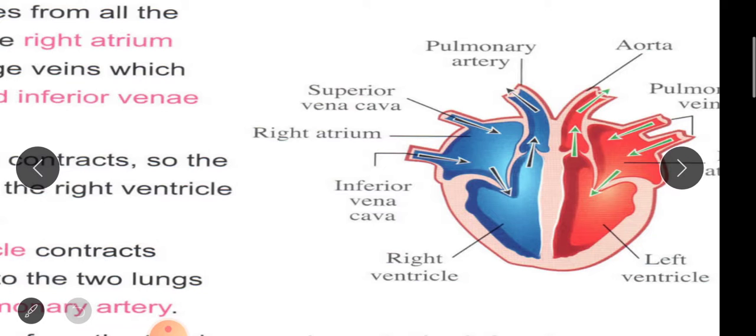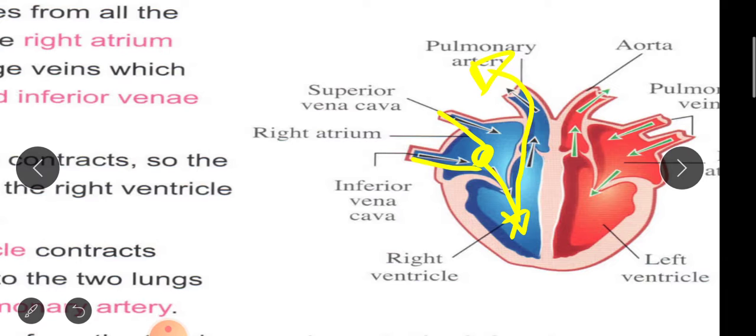The superior and inferior vena cava will deliver the deoxygenated blood to the right atrium, and from the right atrium to the right ventricle through the right valve. And then the right ventricle will push the blood to the pulmonary artery to deliver to the lungs.